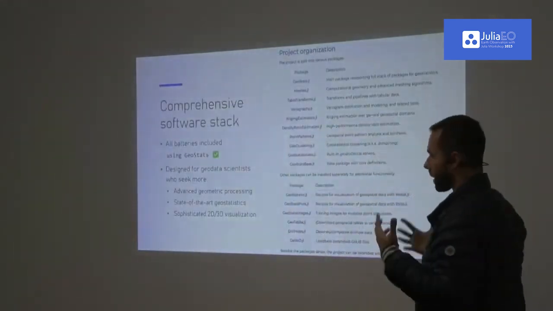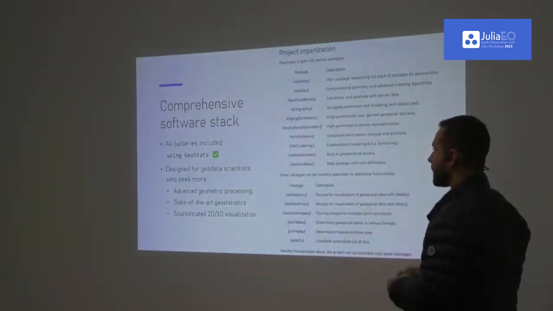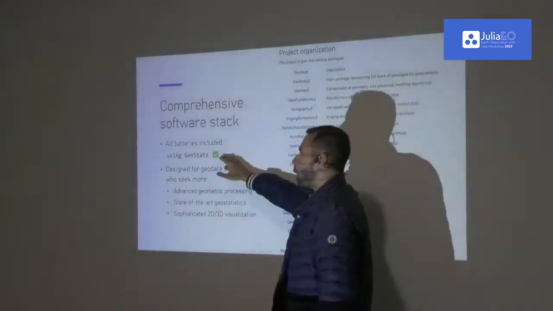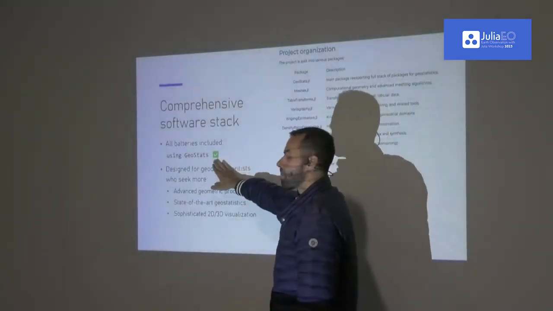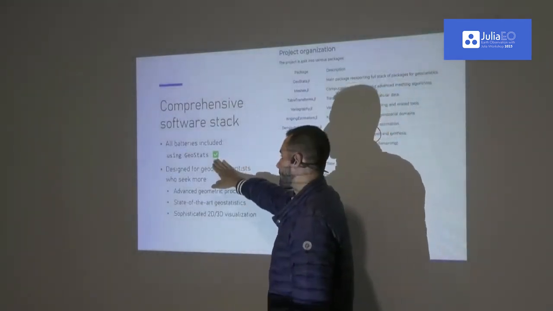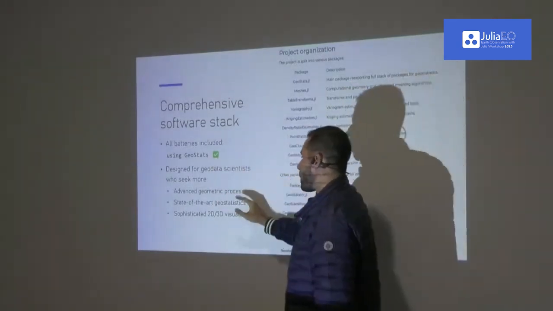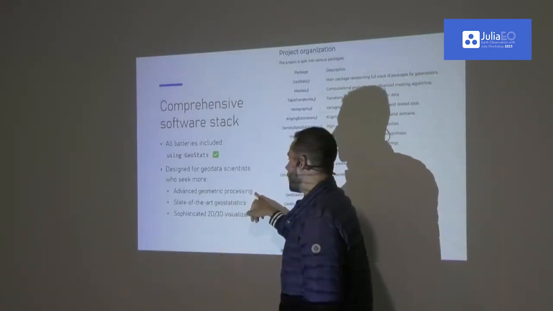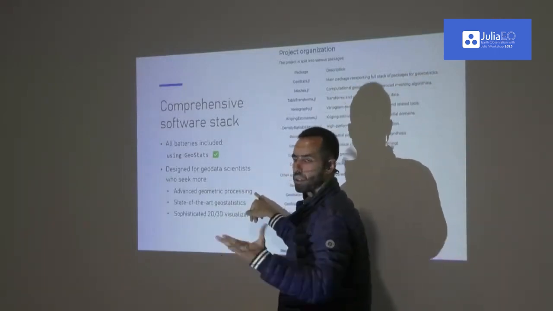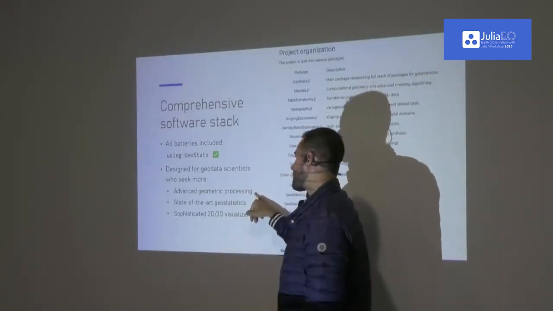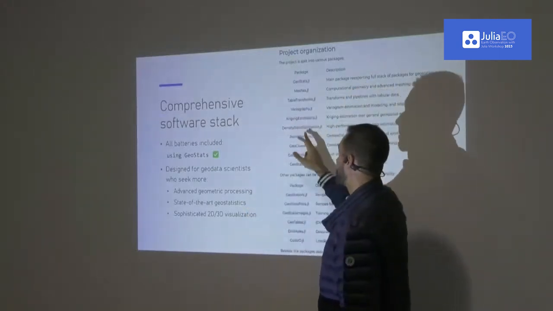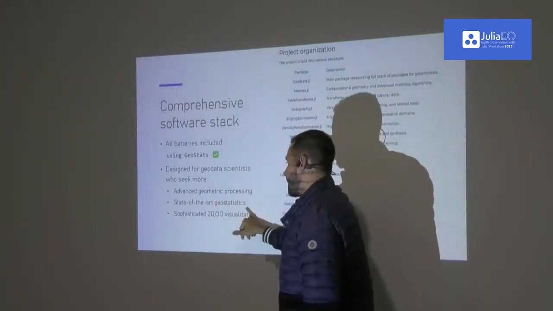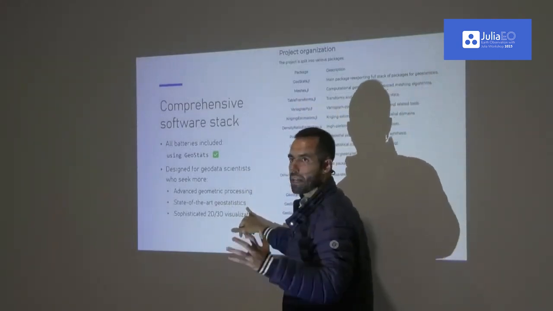It's currently a very comprehensive software stack, I would say. There are missing ingredients still, but this framework is made of several packages. So it's an all-batteries-included concept. You load one package and you get everything in your session. It's designed for people who are really interested in advanced geometric processing. If you go to 3D geometric processing, or if you want to do more complicated geometric operations, we have this submodule called Meshes. It's state-of-the-art geostatistics.